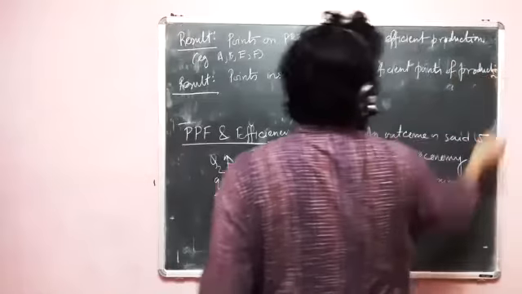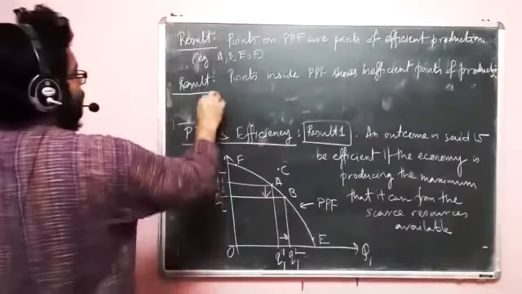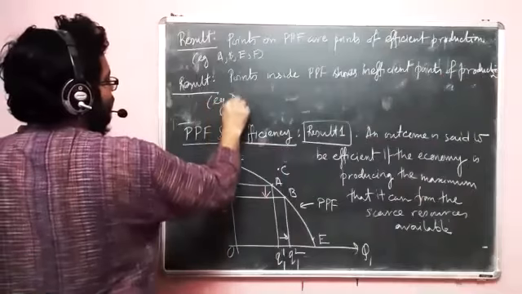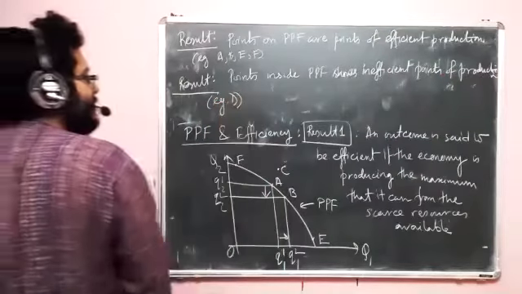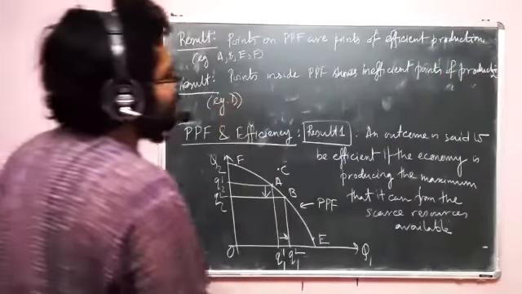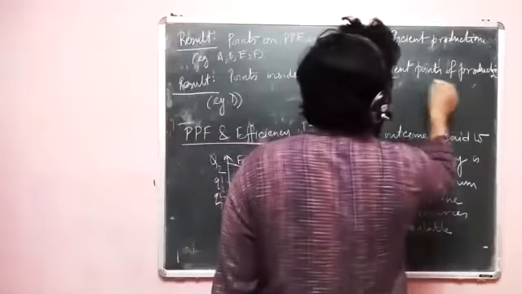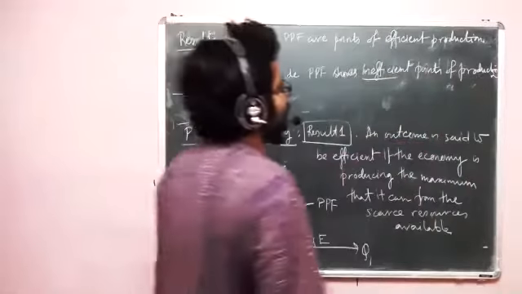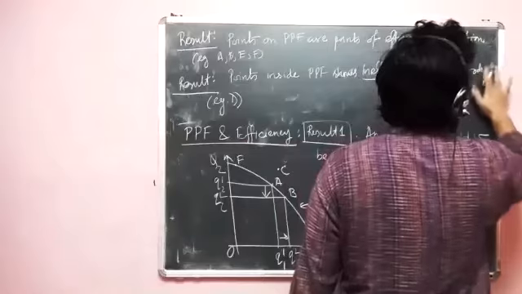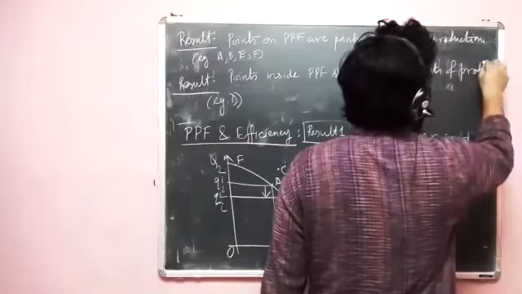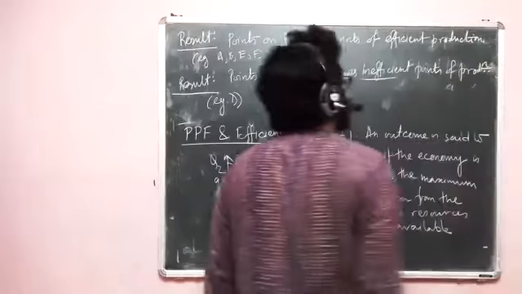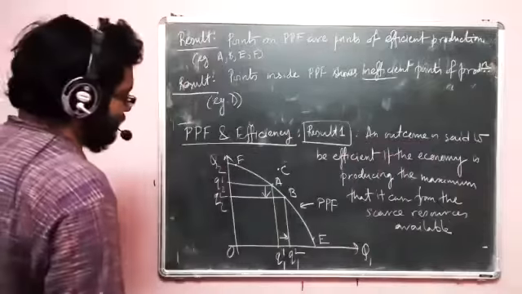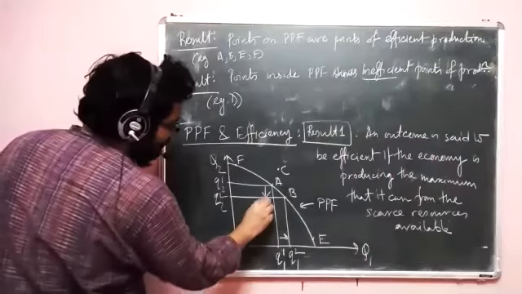As for example, D. So points inside PPF show inefficient points of production. Okay. So such as D. Let's say D is here.